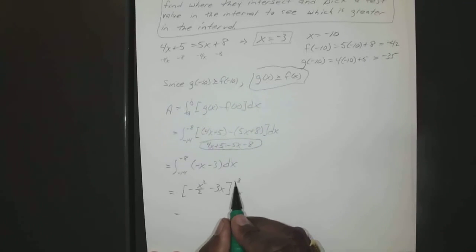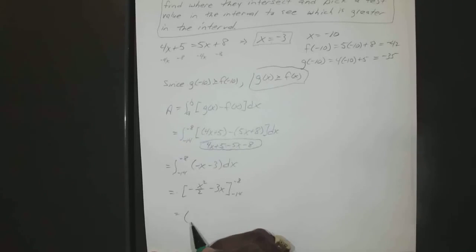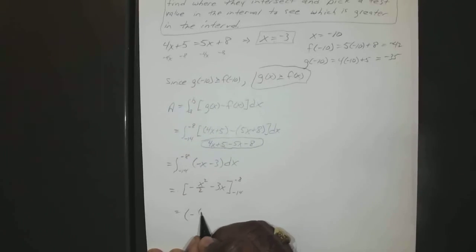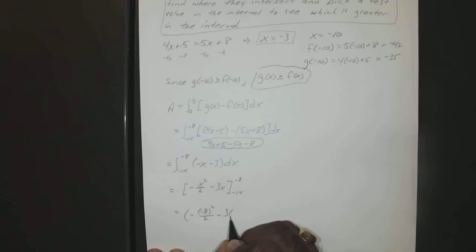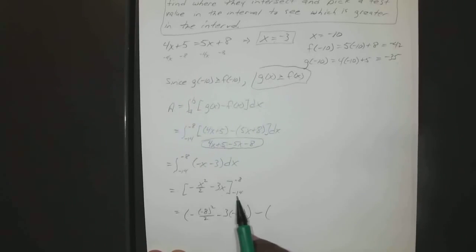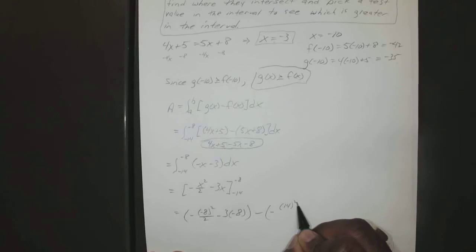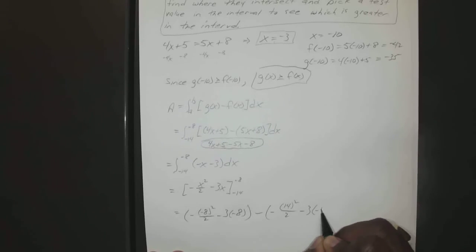First we plug in the negative 8: negative 8 squared over 2 minus 3 times negative 8, minus, you plug in the negative 14: negative 14 squared over 2 minus 3 times negative 14.